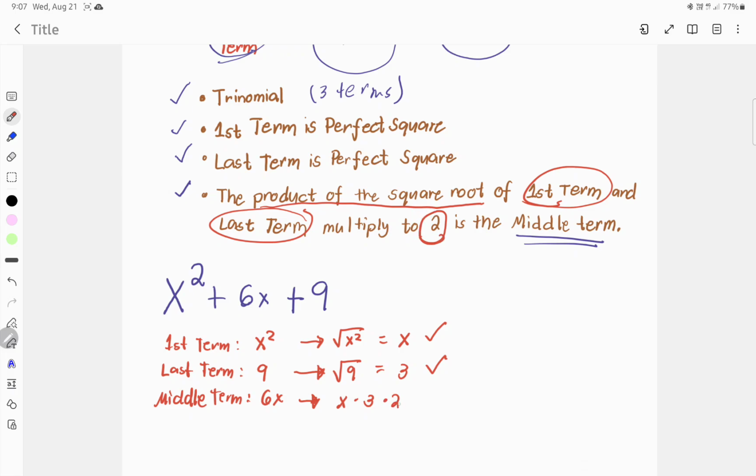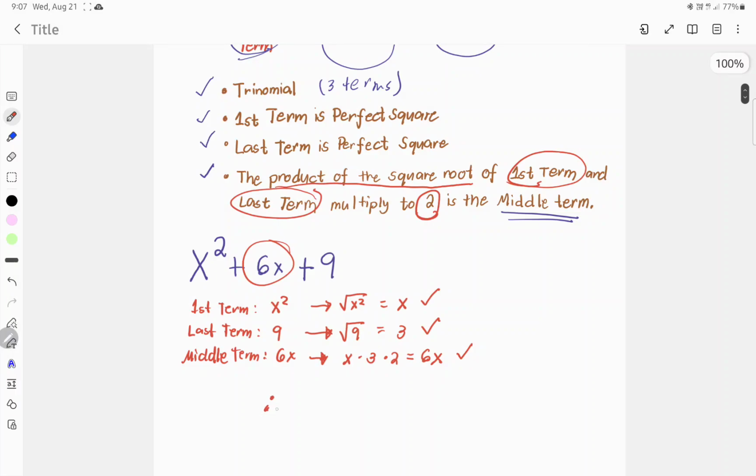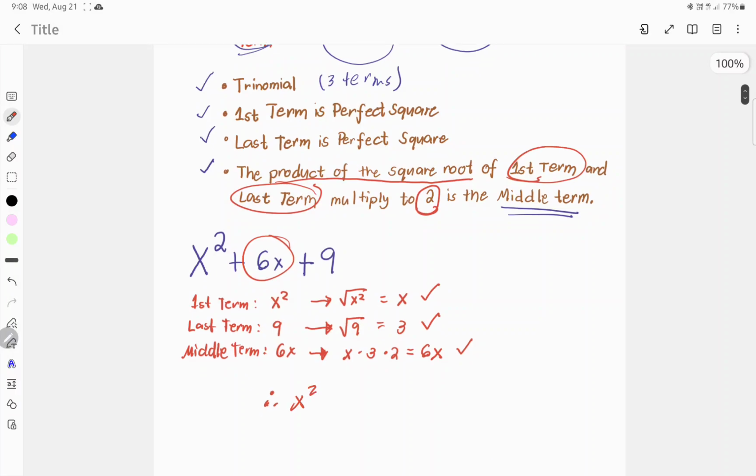So that 2 should be equal to the middle term, which is 6x. So we have 6x. So therefore, it's correct. So we can conclude that x squared plus 6x plus 9 is a perfect square trinomial.